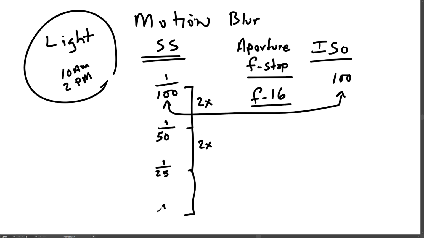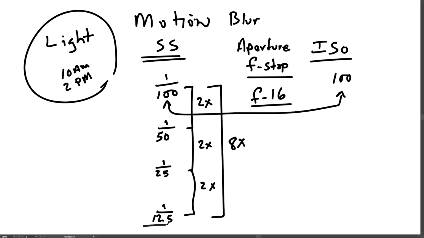And we could go to 1/12.5, and that would be twice as much light as 1/25. But from 1/100 down to 1/12.5 is 2 times 2 is 4 times 2 is 8. So this is 8 times the amount of light.